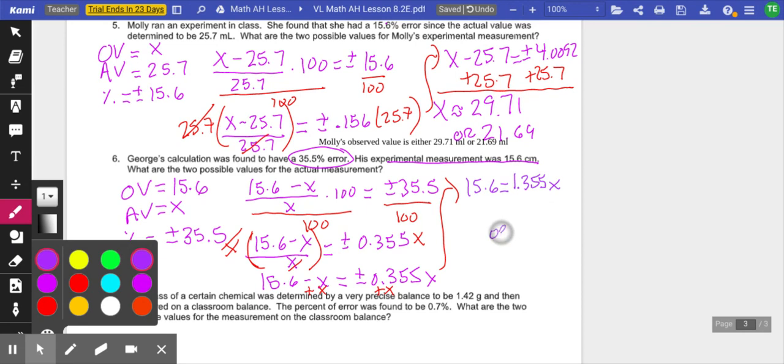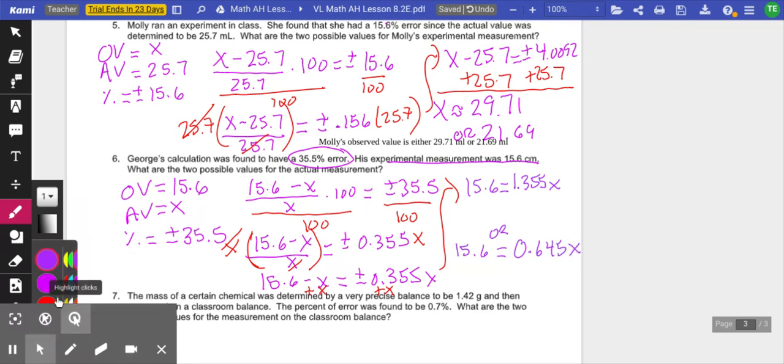Okay, but when it's negative, 15.6 equals, I'm going 1 minus 0.355x. So the other time I would get 0.645x. Okay, so that's the tricky part.